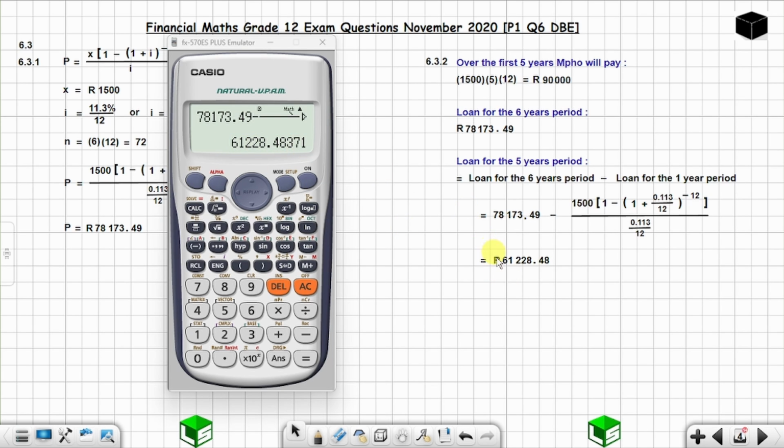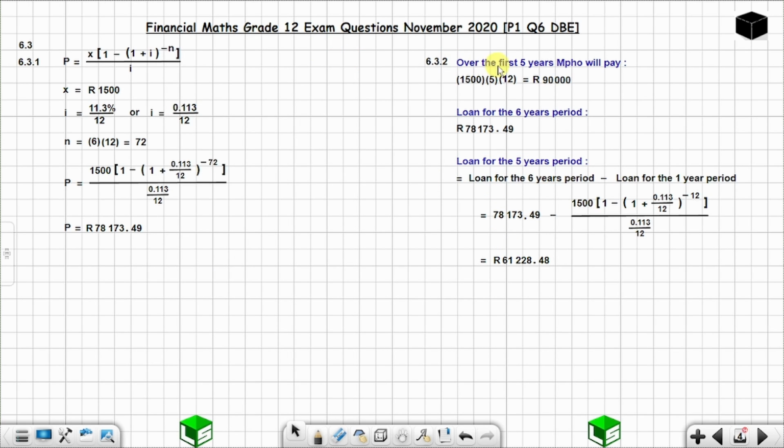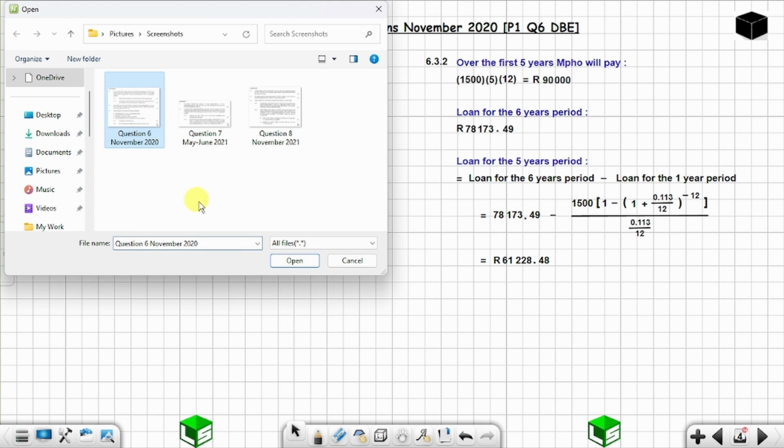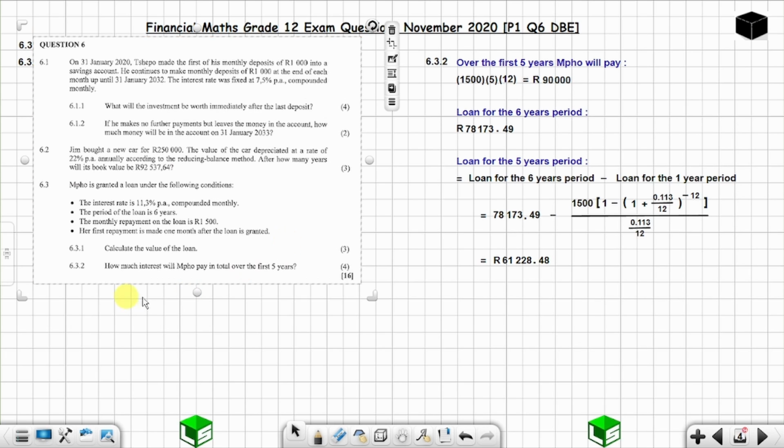Can you see this? So this is the loan for the 5 years period. Now to find the interest, how much interest will Mpo pay in total over the first 5 years? Now you have 5 years and you have 5 years.